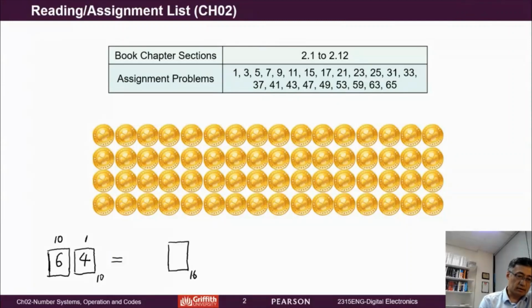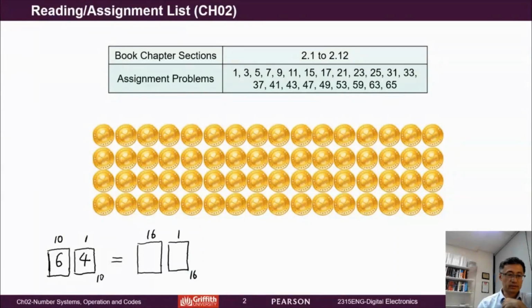Each number in this location can count up to 16, but for 17 we have to do a carry. In the second location, each number means 16, and in this location, each number means 1.